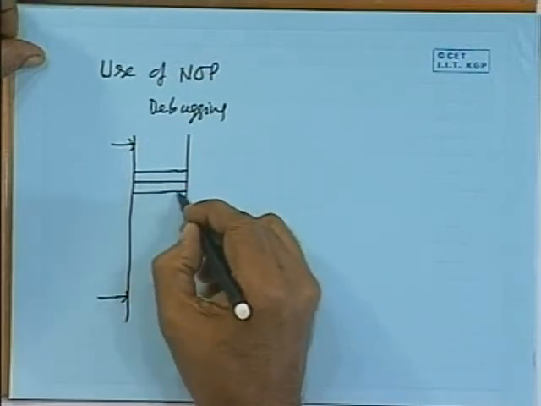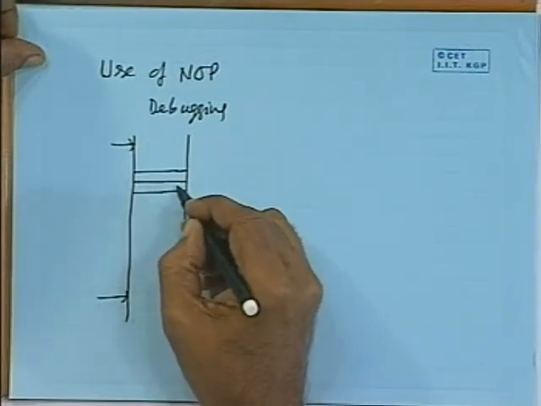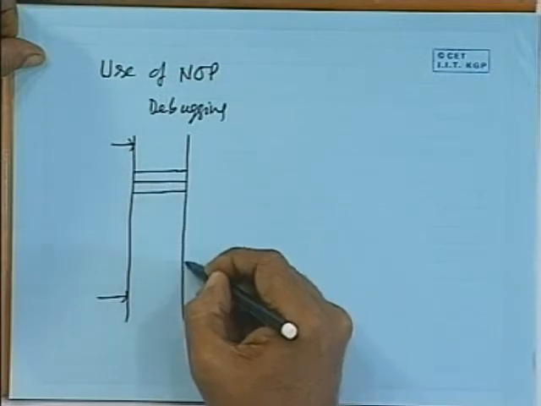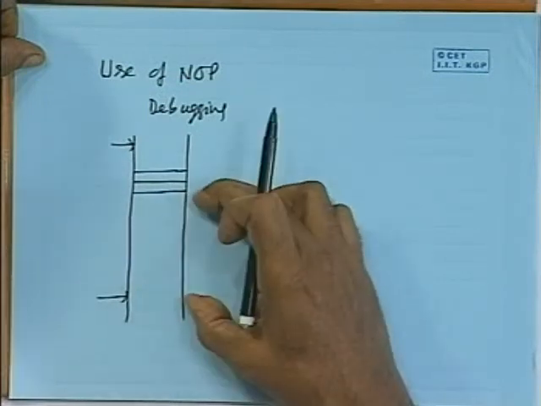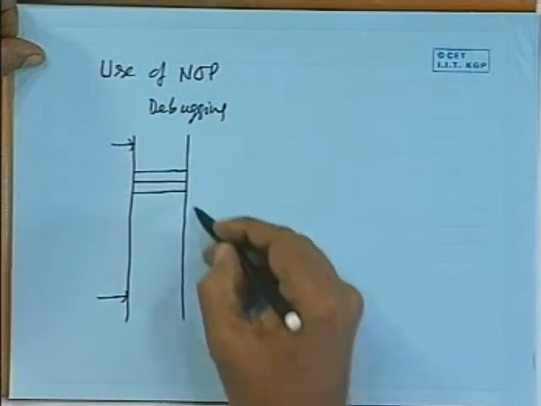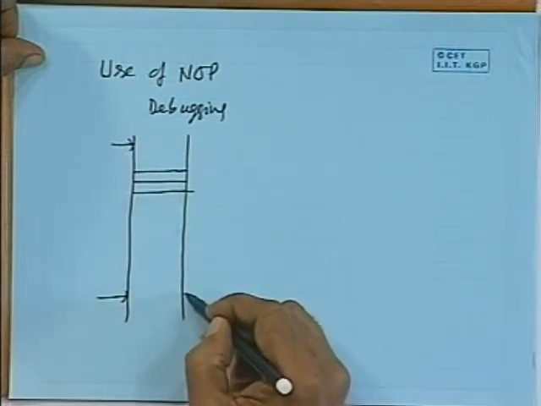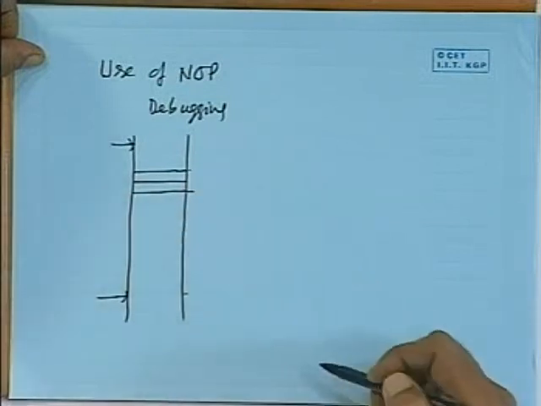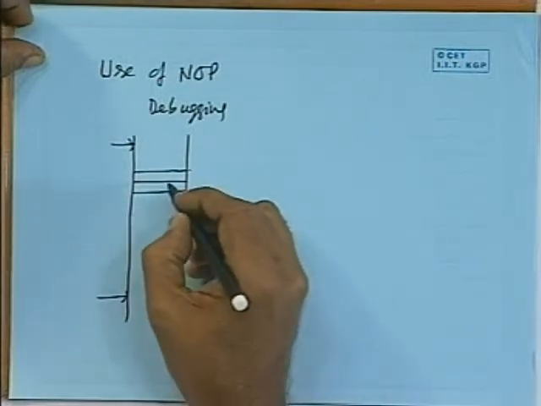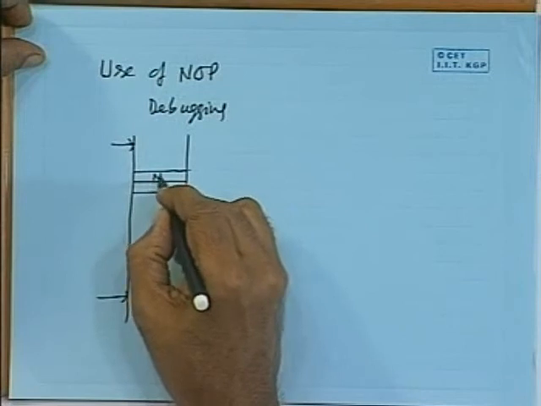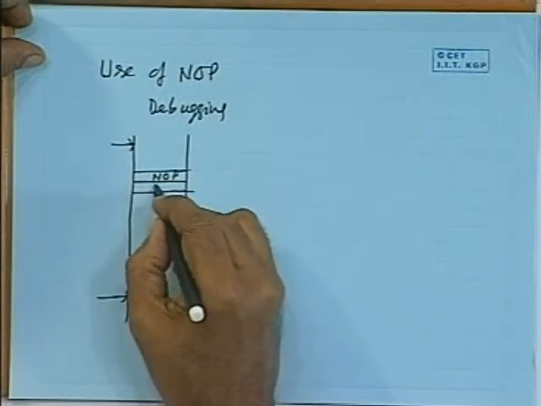If you try to remove these instructions from your program, then obviously this later part of the instructions has to be moved. So you have to rewrite the entire part from this part to this part and then shift it to this part. However, this can be avoided just by replacing those instructions by NOP, no-op.